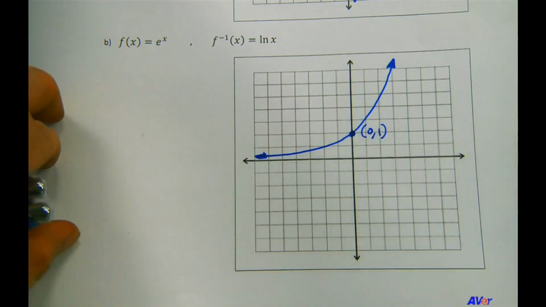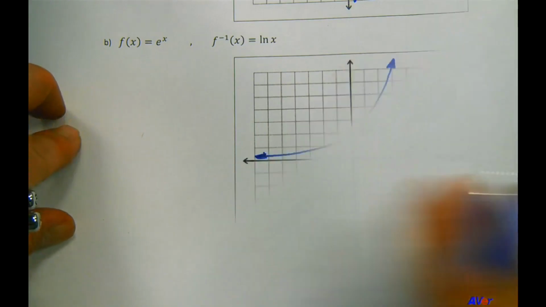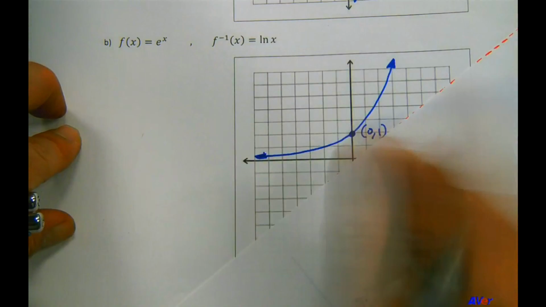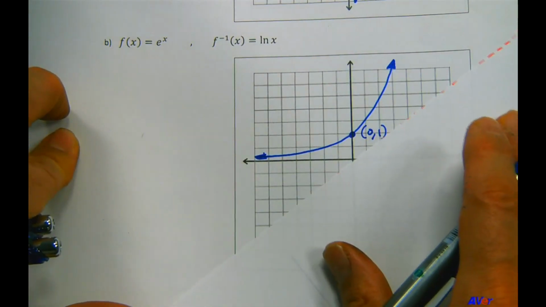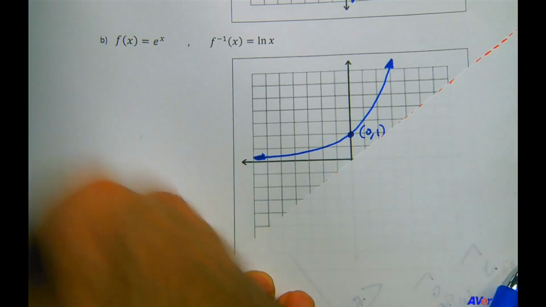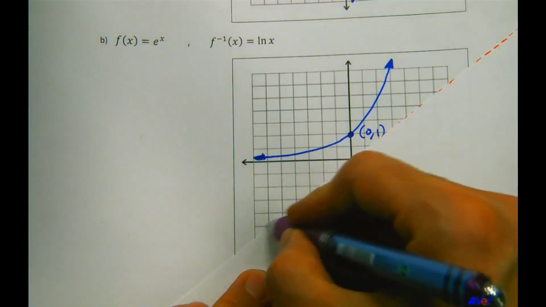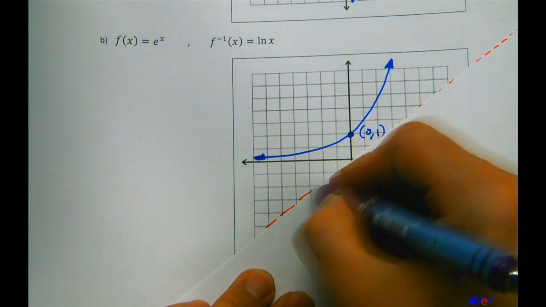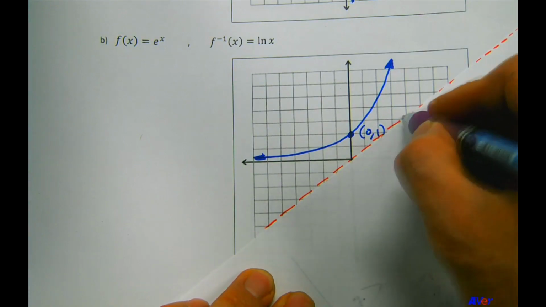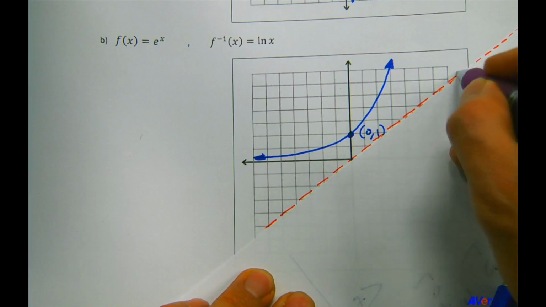So once again, it would be the mirror image. This would be the mirror image of this across the y equals x line. And I will try as best as I can to draw that mirror, which is the dashed line, like that.